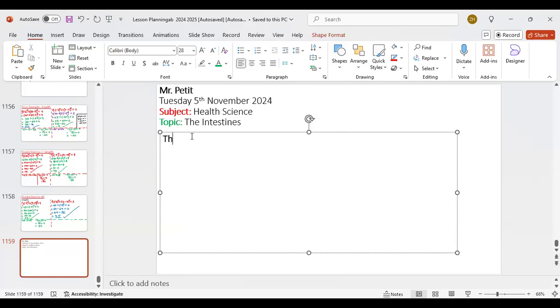The small intestine can be divided into three parts: the duodenum, the jejunum, and the ileum. Those are the three parts of the small intestine.